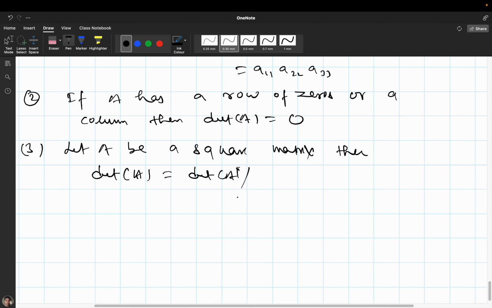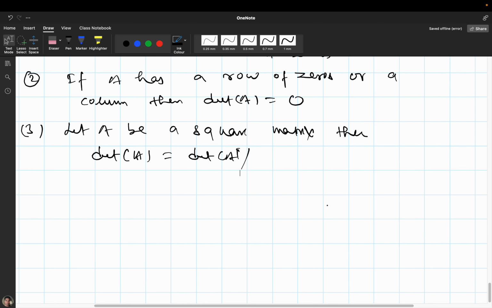Can you prove this? Or just tell me the idea of how we can prove this.